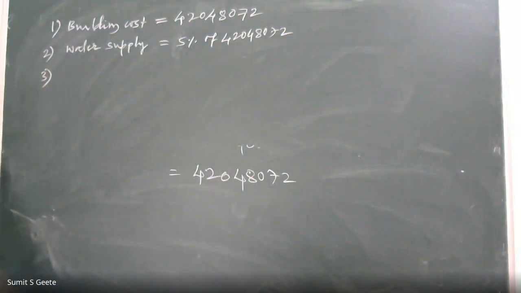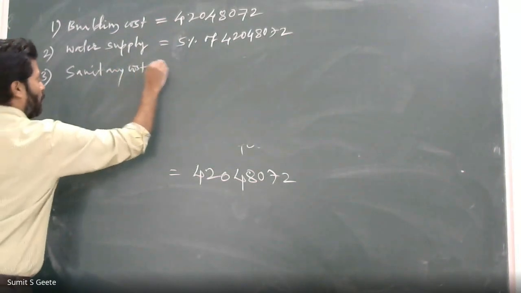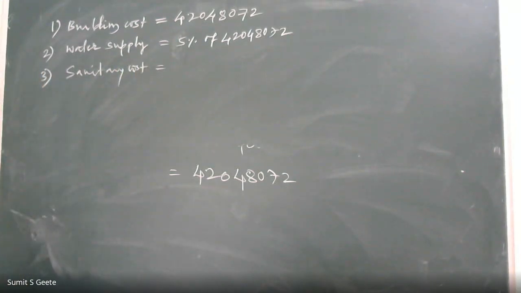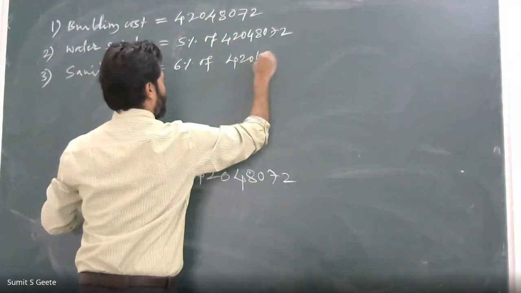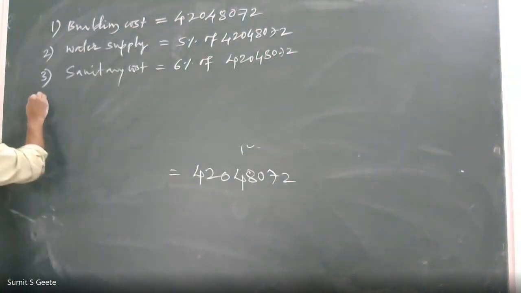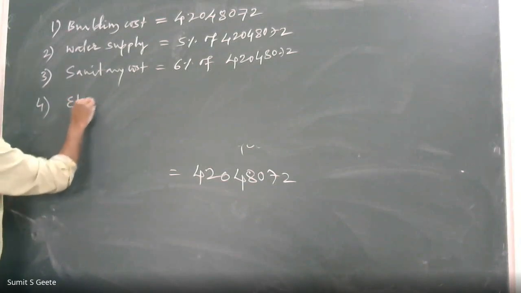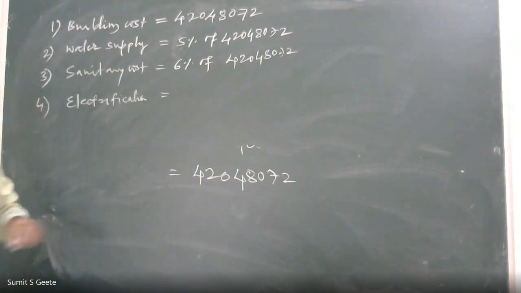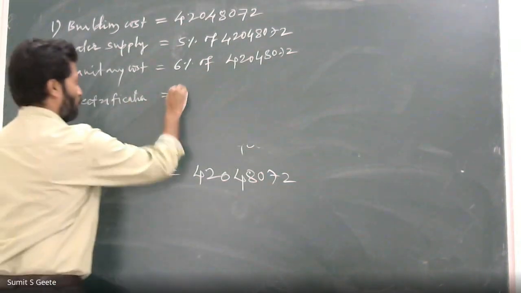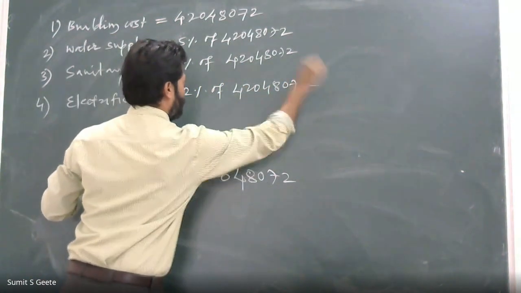Then the third point is sanitary cost, which is again 6% of 420487072. The next one, the fourth one, is electrification, which is 12% of 420487072.